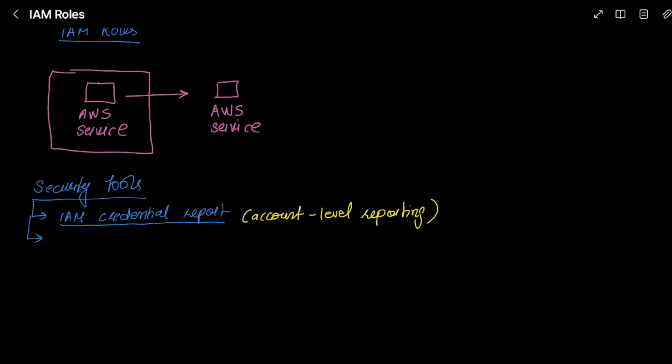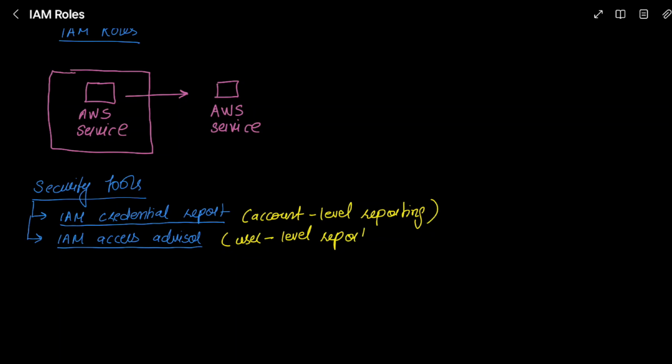The other report which you can leverage within the IAM landscape is IAM Access Advisor, commonly known as IAM Advisor. Access Advisor shows service permissions granted to a user and when those services were last accessed. So, this is more like user level reporting.